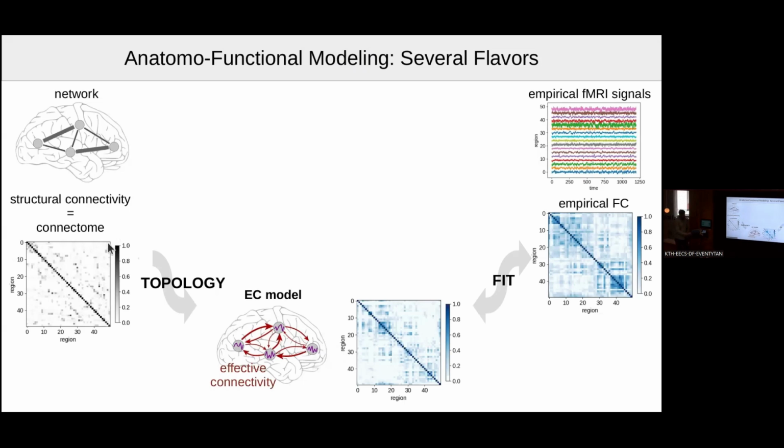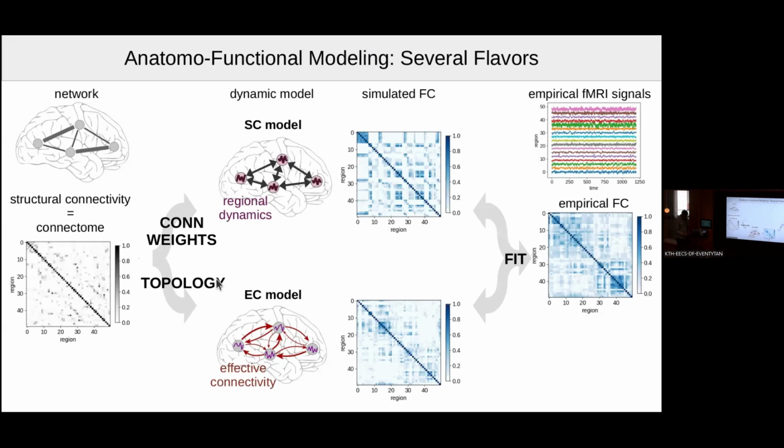And here, the way we use this anatomical information, this connectome, in the network is just to constrain the topology of our network. In contrast, you've got some other models, like the usual connectome-based models, the Virtual Brain, the dynamic mean field, or the Hopf model from Gustavo Deco, for example.